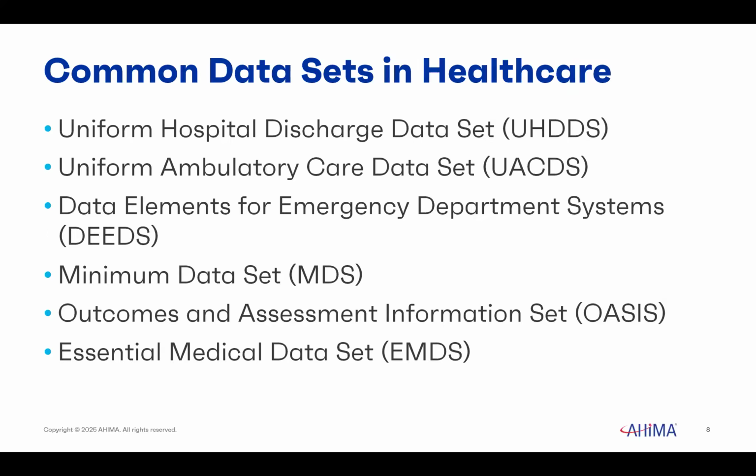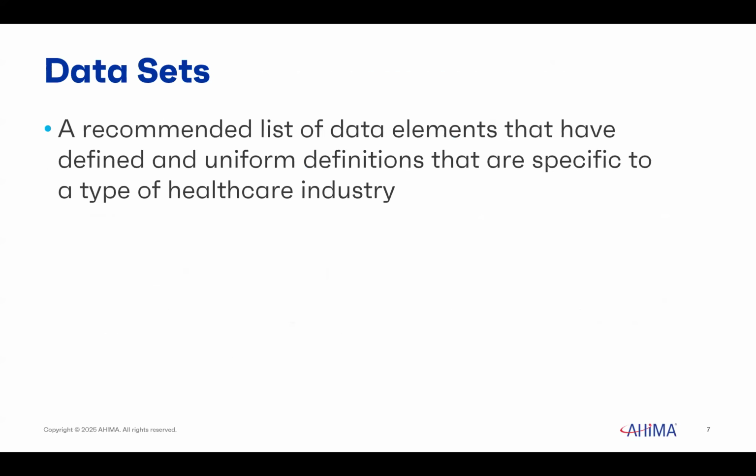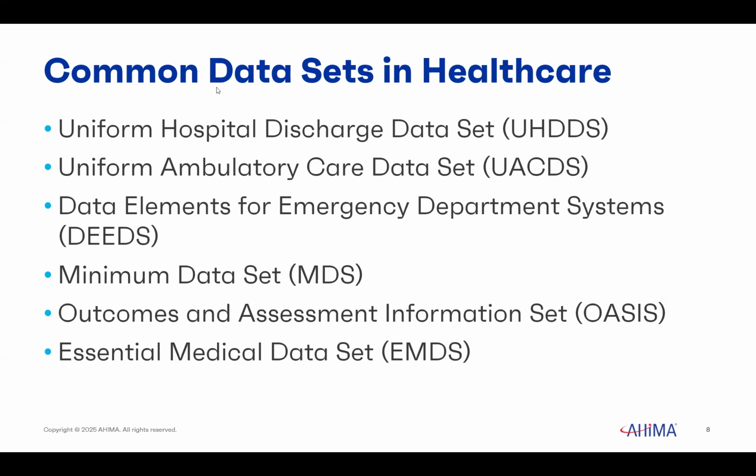We also have the Uniform Ambulatory Care Data Set, and DEEDS, and the Minimum Data Set, and so on. What these all have in common is they're a recommended list of data elements that have been defined and are uniform and specific. So acute care hospitals always have the UHDDS.